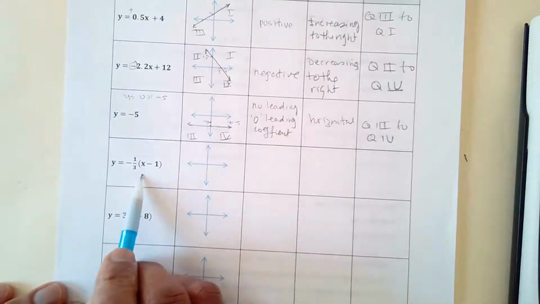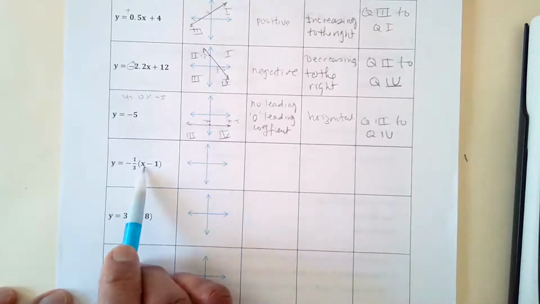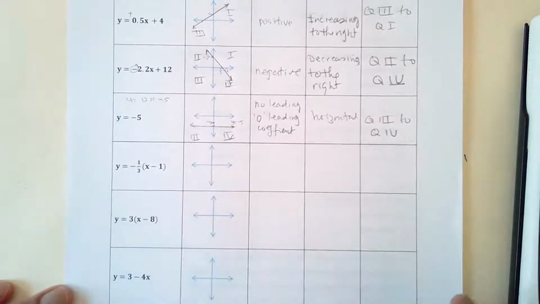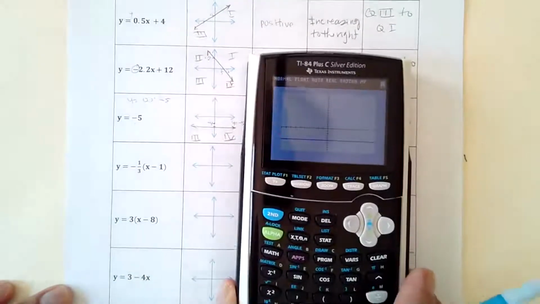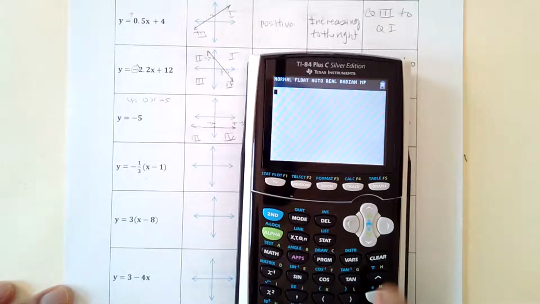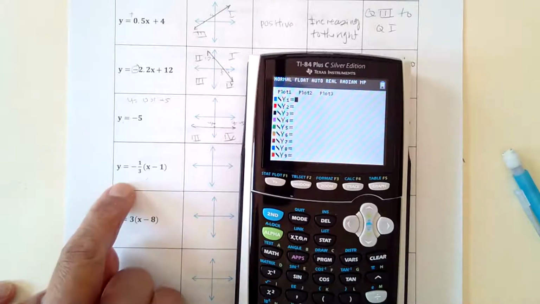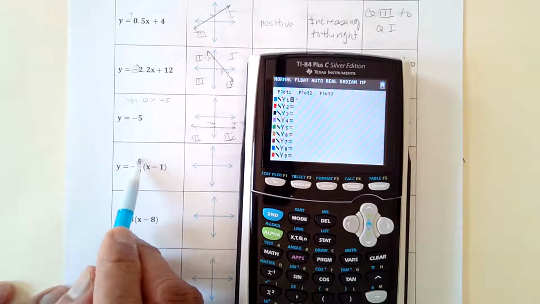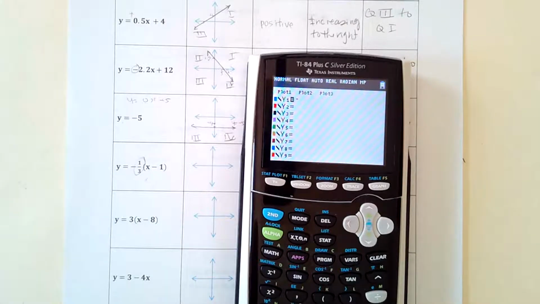Now, this is what I want to show you, how you input this into your calculator. It's very tricky with the calculator. So let's look at how you enter this specific one in the calculator, using brackets. The y, let me clear my, y is equal to negative. Now, whenever you have a fraction, put that fraction in brackets. So negative 1 divided by 3.